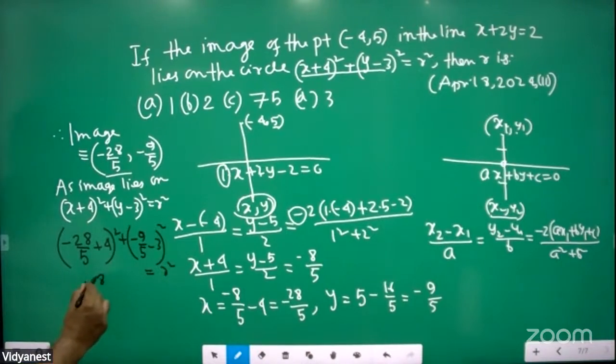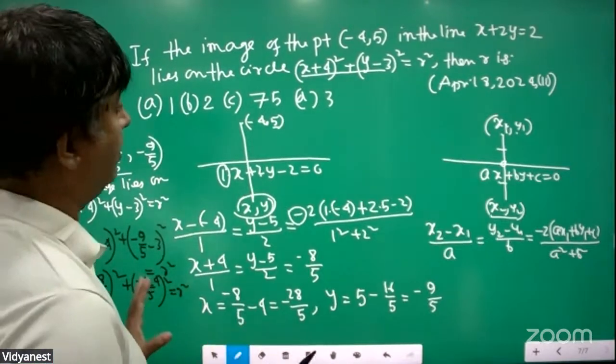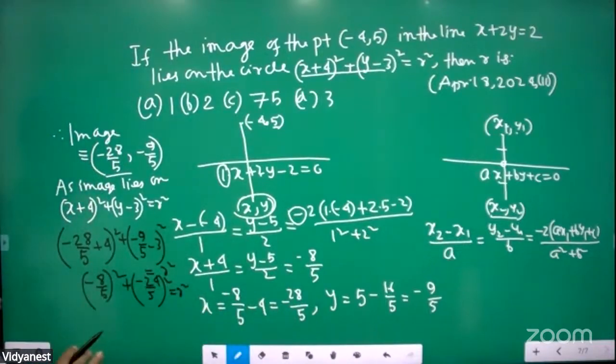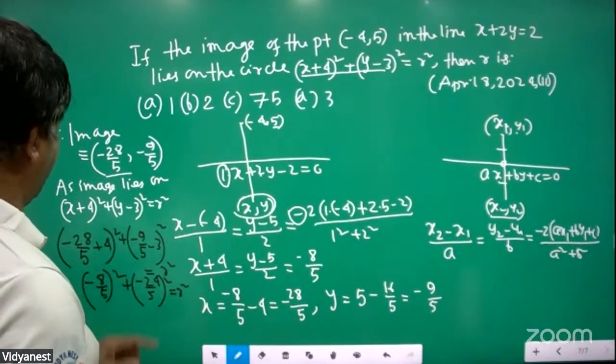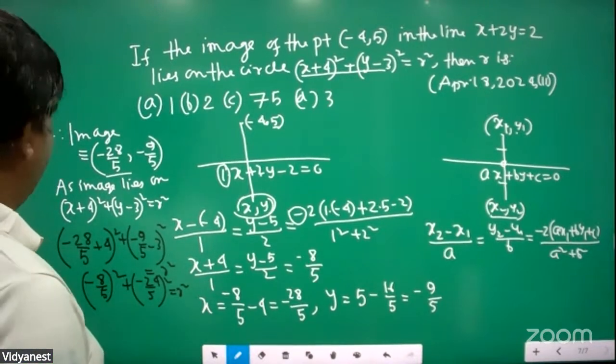कैलकुलेशन करो. Minus 8 by 5 whole square minus 24 by 5 whole square is r square. If there is no silly mistake that can take place by anyone. 64, 24 square is what? 24 square is 576, 64 is 8 square is 64.